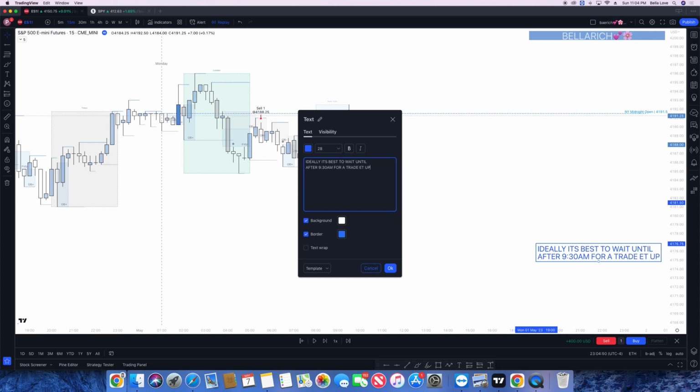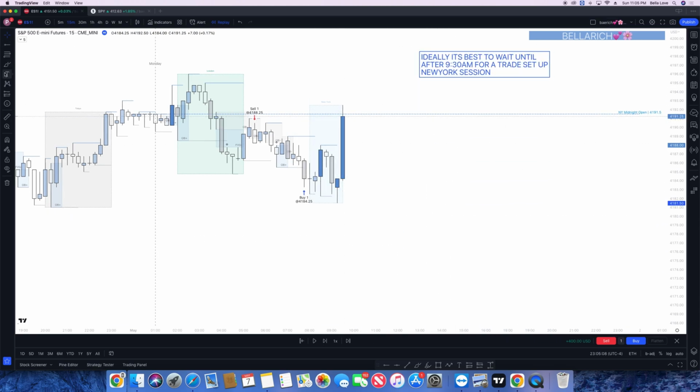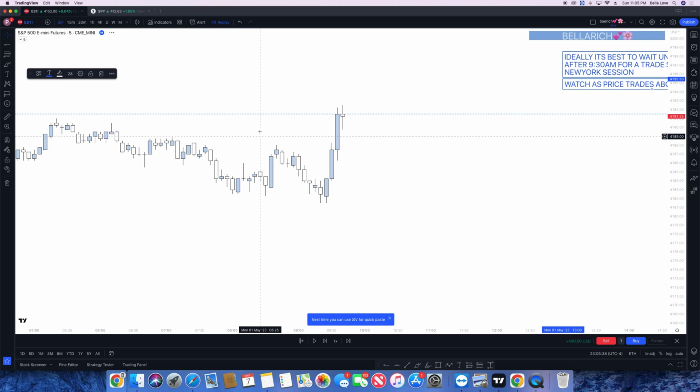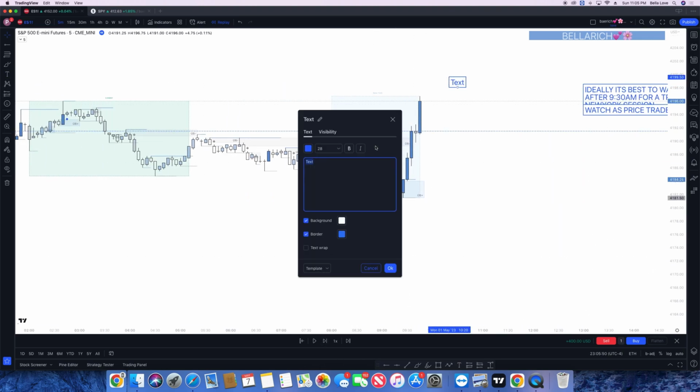Ideally, it's best to wait to find a cool setup after 9:30 a.m. because it's going to be very volatile, because that's when the New York Stock Exchange opens. It's just a lot of volume coming in and the trades are pretty much crazy. So just to find a solid setup, it's best to wait until after 9:30 a.m.